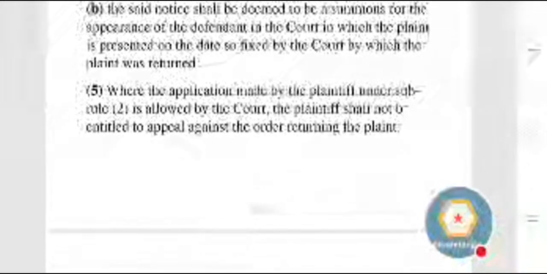You cannot appeal against an order for which you have applied. You personally applied for that order, and when that order is given, you cannot file an appeal against it. It's as simple as that.